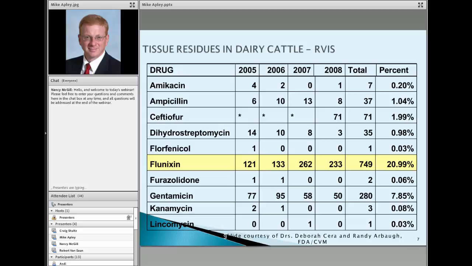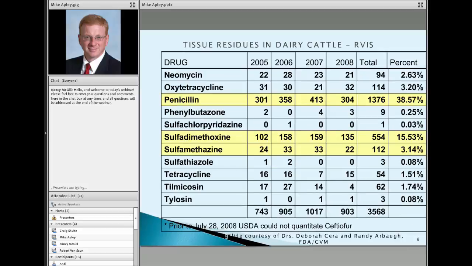It's very important that everyone's up to date and realizes that ceftiofur products, Naxcel, XNL, and Excede, have slaughter withdrawal times, whereas in the past when we had Naxcel and XNL, we did not have a slaughter withdrawal time, but we do now, so it's very important to be aware of that. Penicillin remains our most common residue, almost 40% of the residues from 2005 to 2008. So let's pop back to that initial question I had.